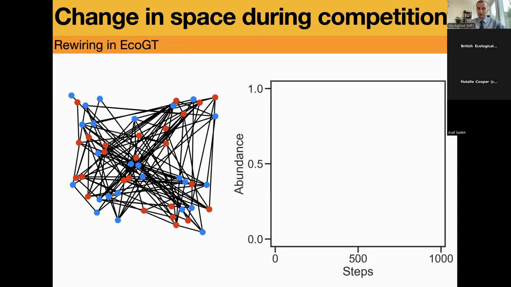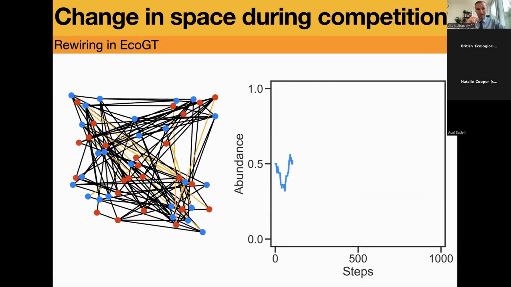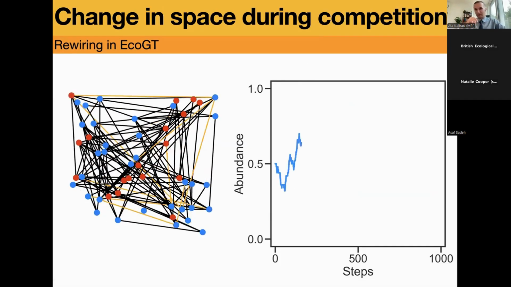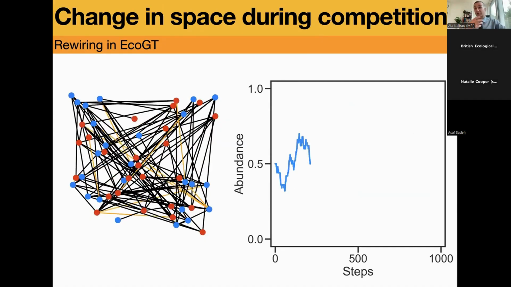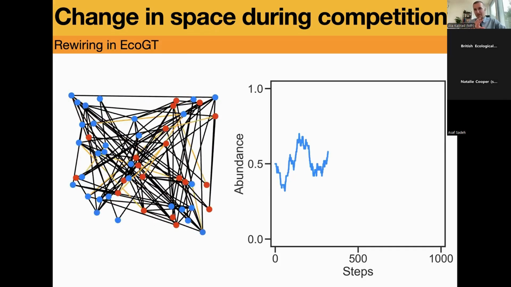So for example, here is a random network where the edges are changing over time, and I will explain the various ways that you can implement that.